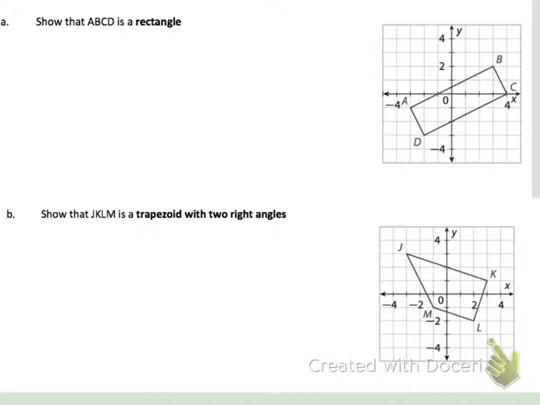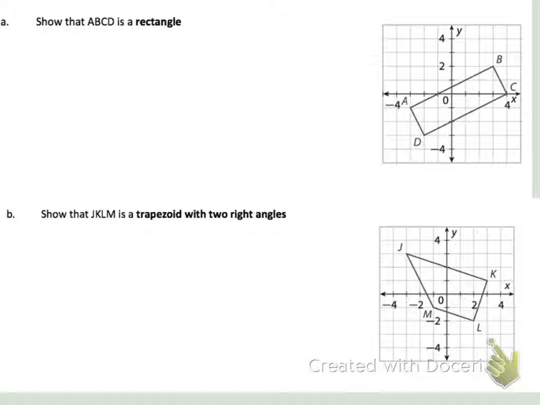So let's take a look at some figures and see if we can use the slope criteria. If we want to show that figure ABCD in this graph is a rectangle, remember that rectangles have 90-degree angles. We also learned that if you have a parallelogram and you can find that it has one right angle, then that guarantees that all the angles are right angles.